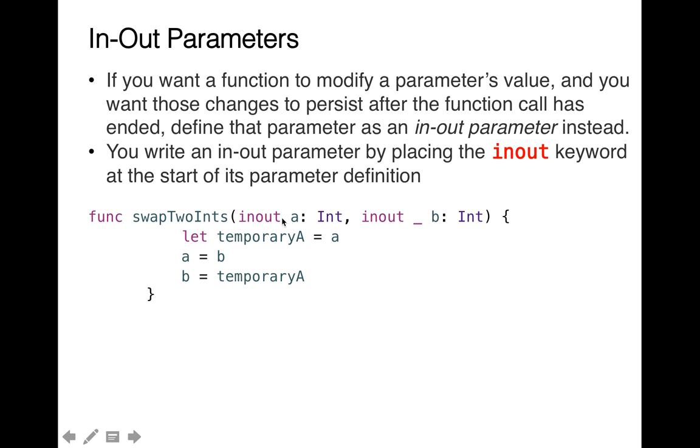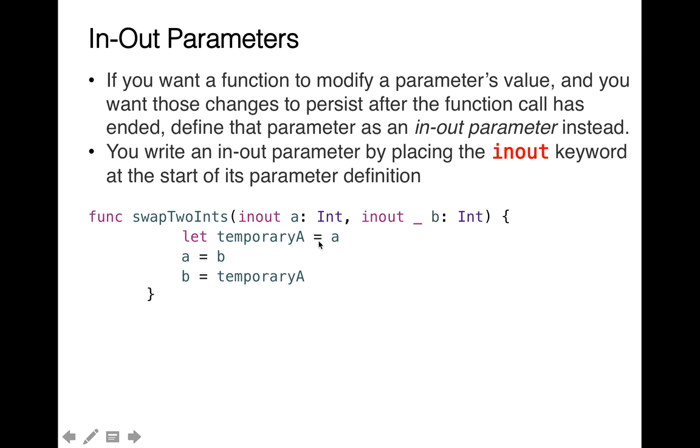For the first parameter, you don't need to use separate internal and external names; you can just use the same name for both. In B, for the second parameter, we can also use the same internal and external name. But if you don't want to use the external name, you can put the underscore here.